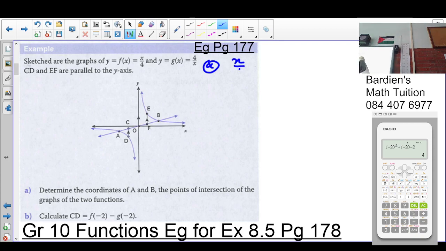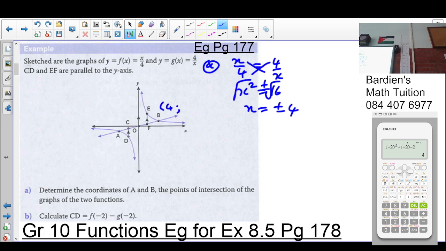You set the two graphs equal to each other. So x over 4 is equal to 4 over x. Cross multiply: x times x equals 4 times 4, so x squared is 16. Square root, plus or minus, so x equals 4 or negative 4. Now B is going to be the positive, and A is going to be the negative.